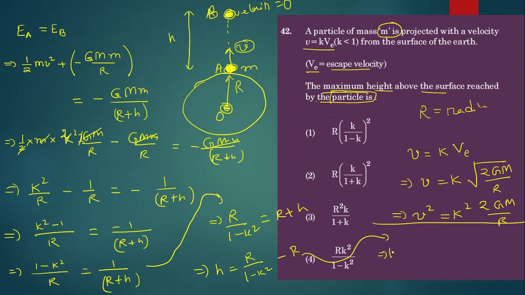So this will be equal to H equals 1 minus k square times R minus R plus k square multiplied by R. So this R will be cancelled. So answer will be option number 4. Let's move on.